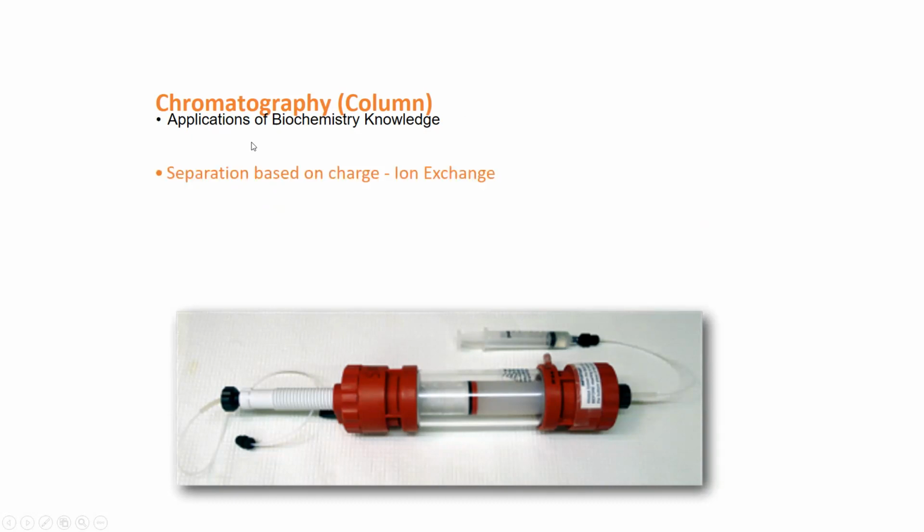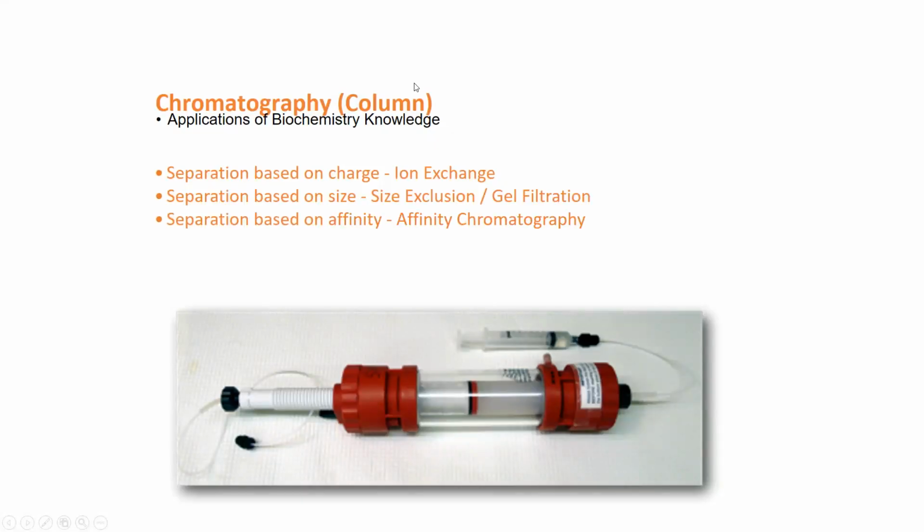Chromatography is very important because it separates proteins based on different properties. So for example, there's a chromatography that separates proteins based on the charge. So it uses a medium that is negatively charged. And when you pour your protein solution, the negatively charged amino acid residues are going to get repelled because our medium is negatively charged.